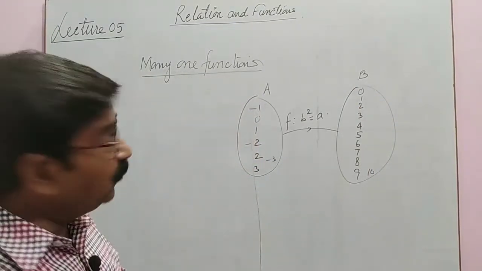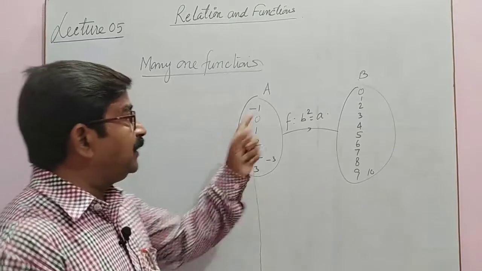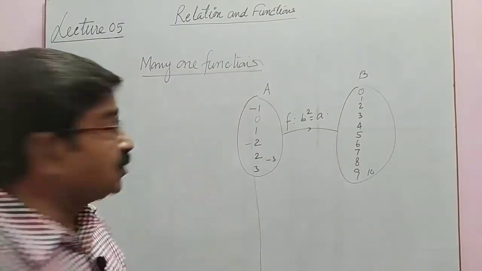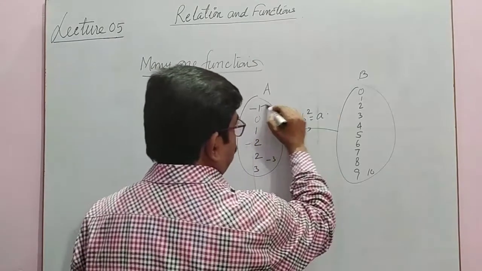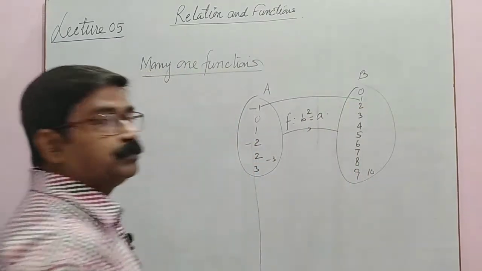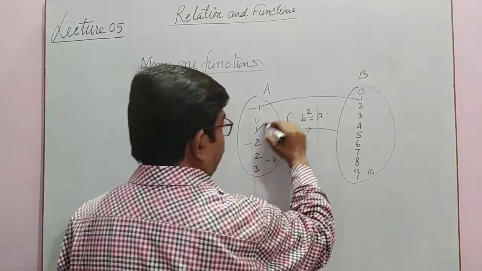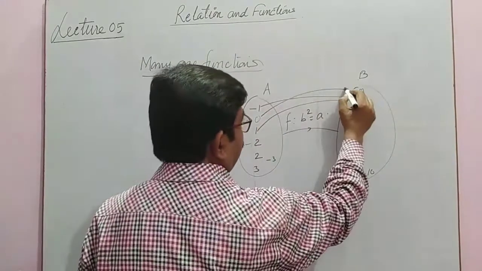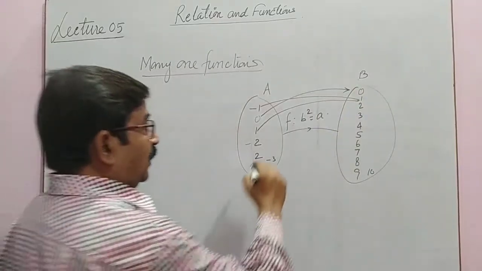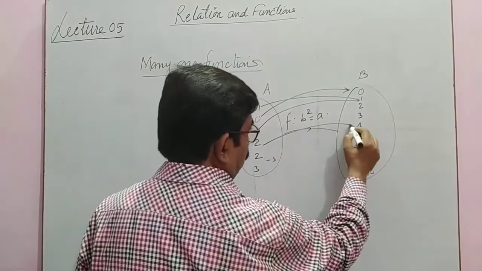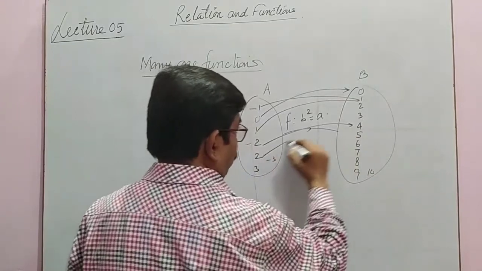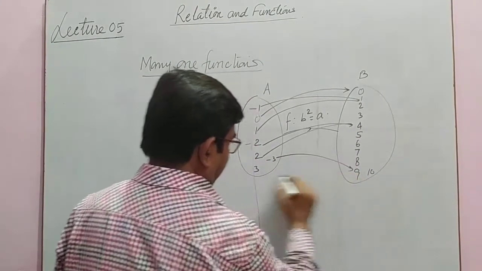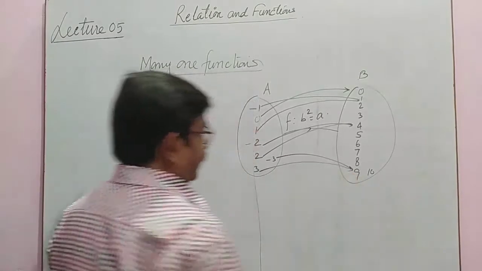If you take a equal to -1, then b is its square. The square of -1 is 1. Square of 1 is 1. Square of 0 is 0. Square of -2 is 4. Square of 2 is 4. Square of -3 is 9. Square of 3 is 9.